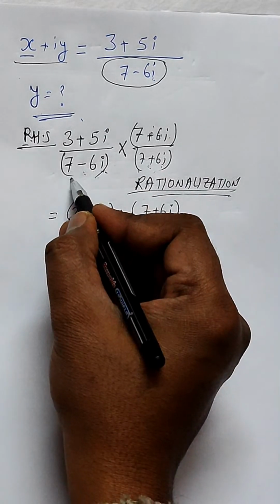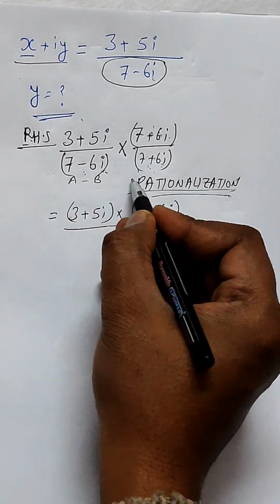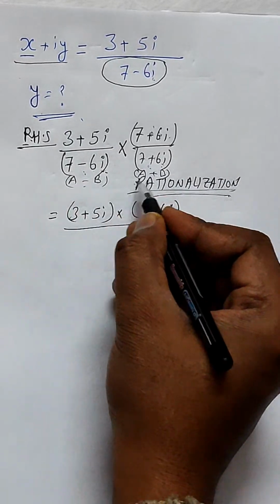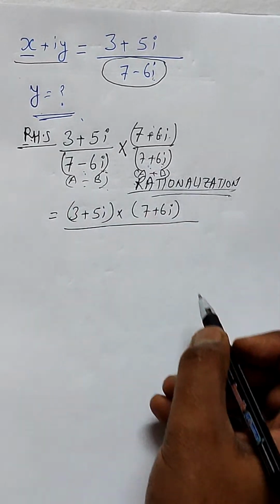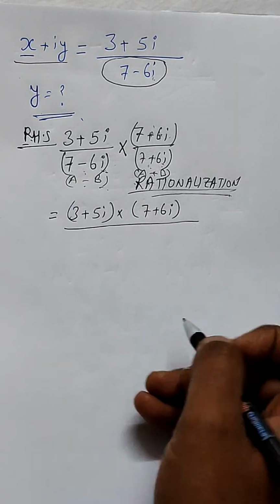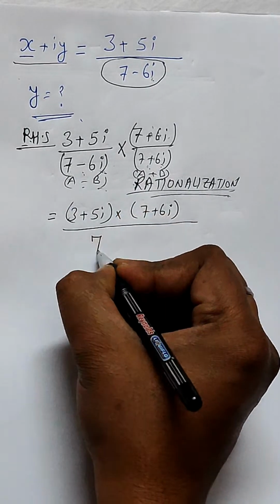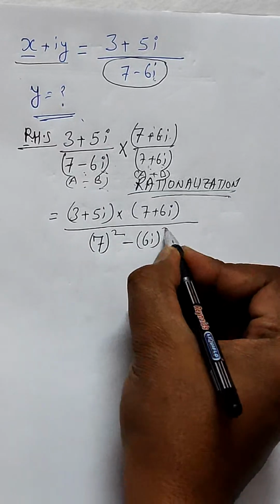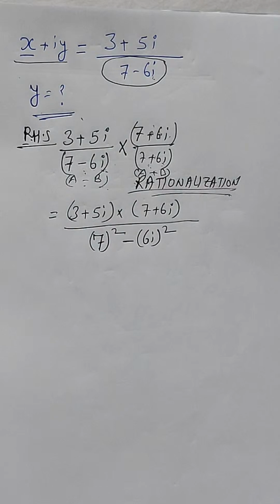Students, mind it, it's (a minus b)(a plus b). So what is the value of (a minus b)(a plus b)? a square minus b square, right? So it will be coming as 7 square minus (6i) whole square, isn't it?